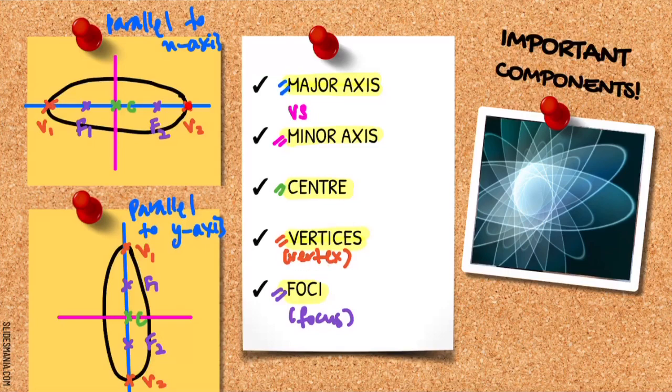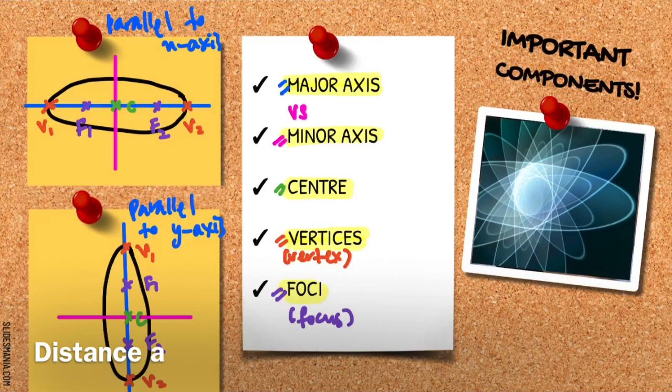This is a vertex where you cut through your major axis, and this is another vertex where you cut through the major axis. And finally, you have your foci. Foci are always in front of the vertices. These are the major components of an ellipse.